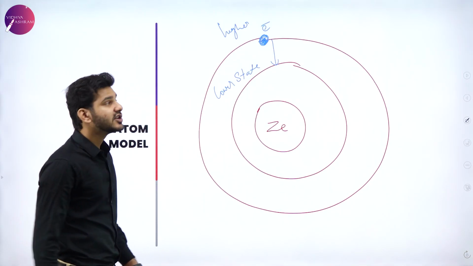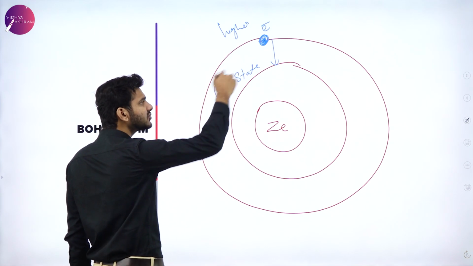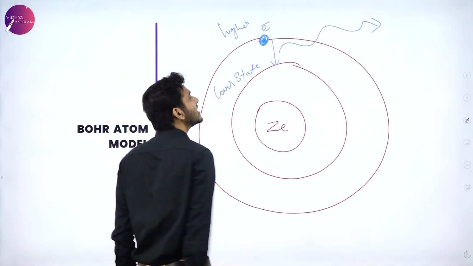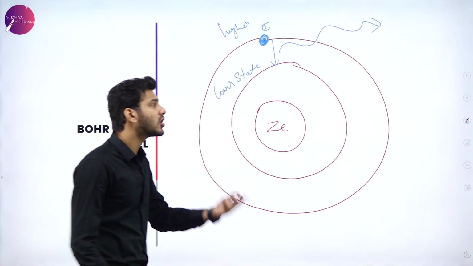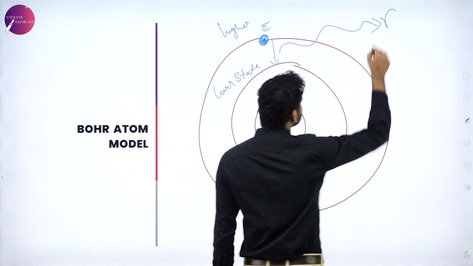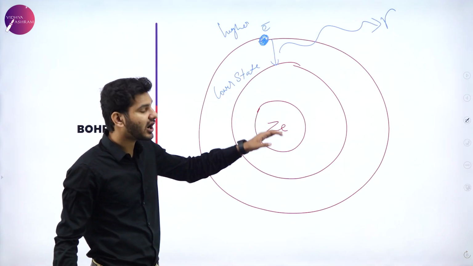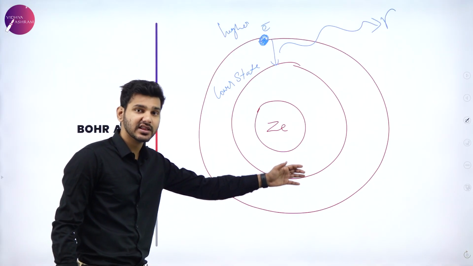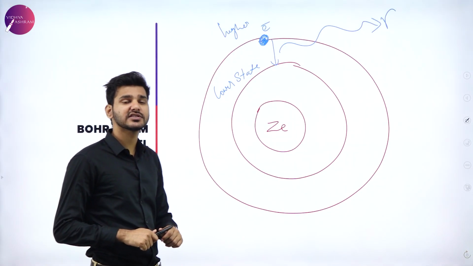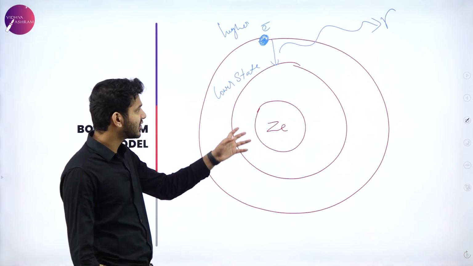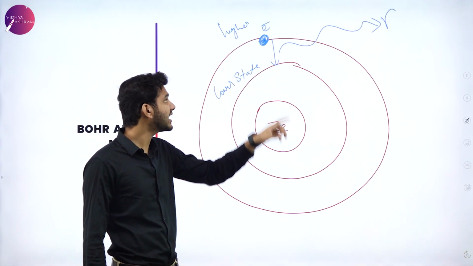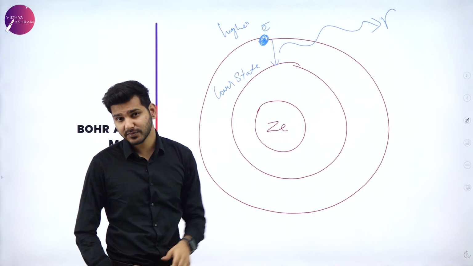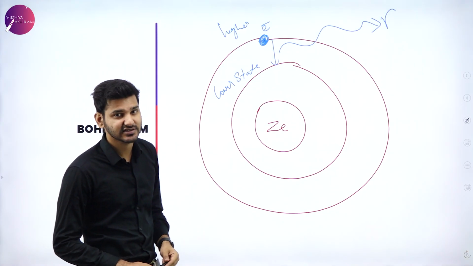Other than that, they cannot radiate or emit any energy. And if they are jumping from a lower state to a higher state, then energy has to be absorbed. Somebody has to give them some energy so that they can jump. So again, these were the famous assumptions of Niels Bohr. The only thing you have to remember here more specifically is that when electrons jump from a higher state to a lower state, they radiate energy. This will play an important role in the coming session.